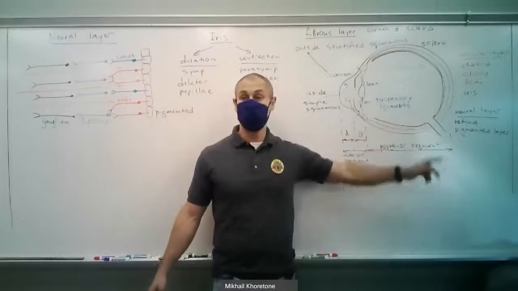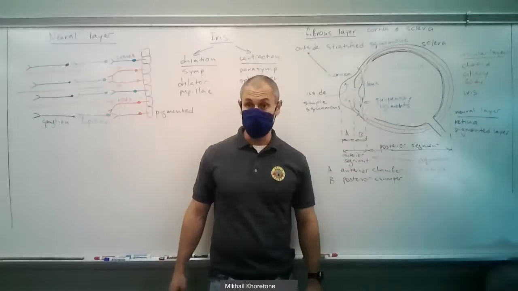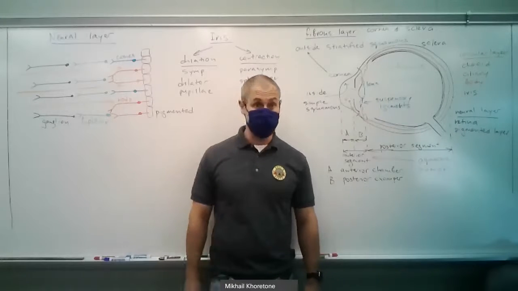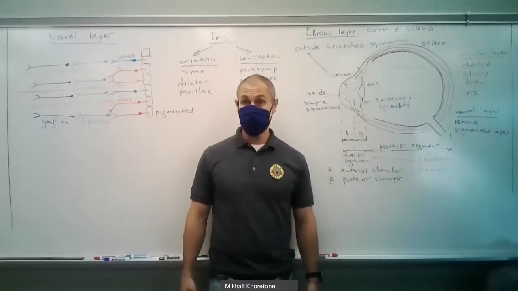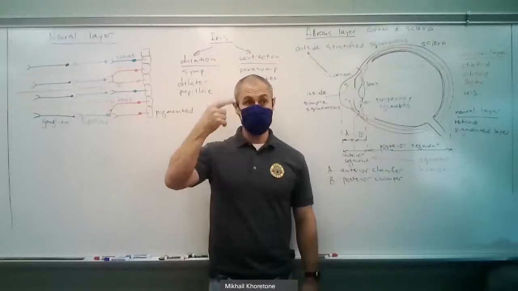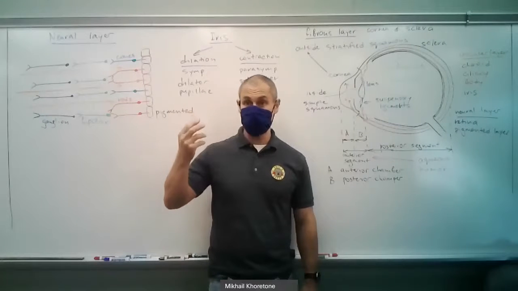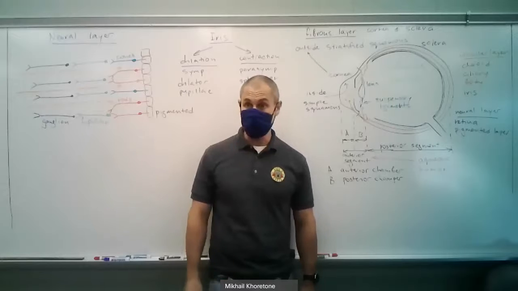This place is called the optic disc or blind spot. But last time I checked, we don't have a blind spot in our vision. The reason is that our brain compensates for what we don't see, because we constantly move our eyes back and forth.